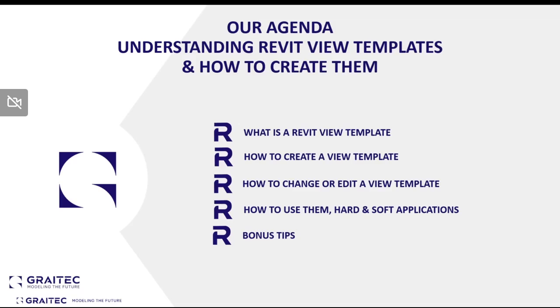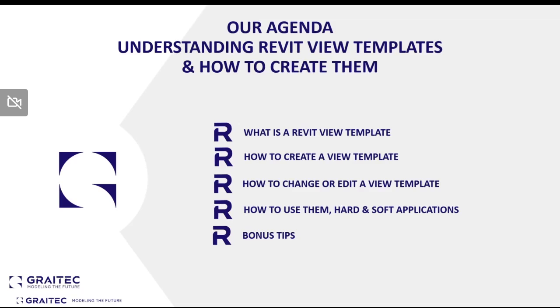So in this webinar, we're going to discover how to make a template that can be applied to any view to change its graphical presentation at the click of a button, and include different selection techniques to achieve the visual presentation goals consistently from one project to another and from one user to another.